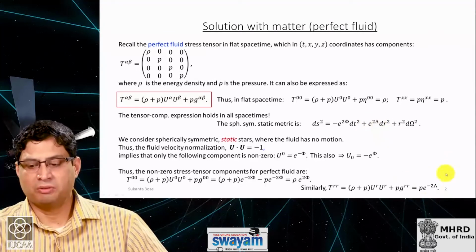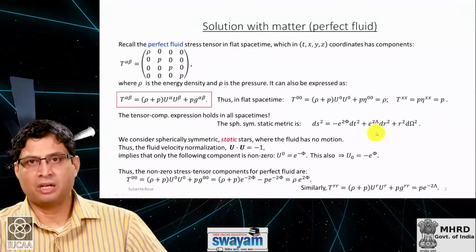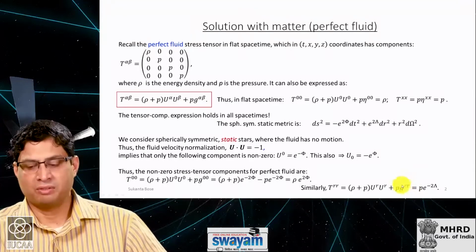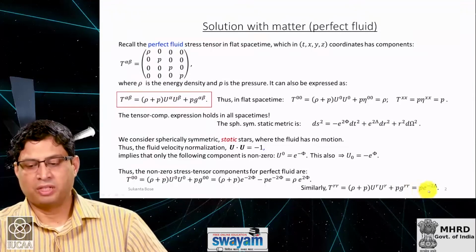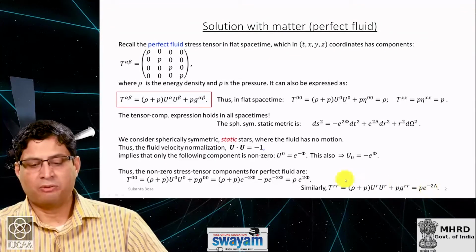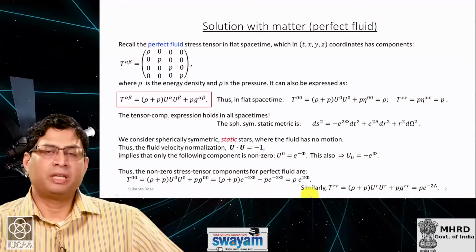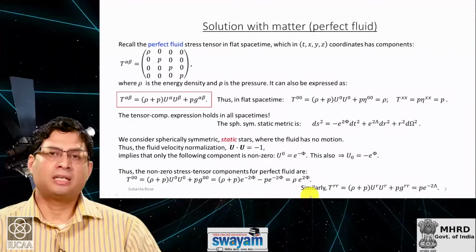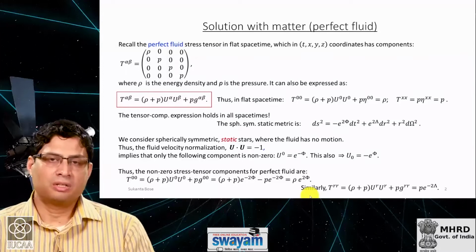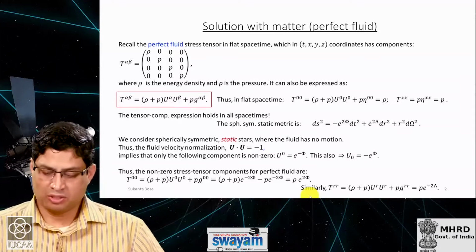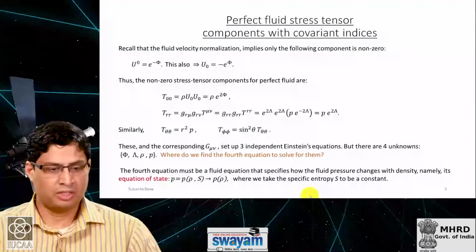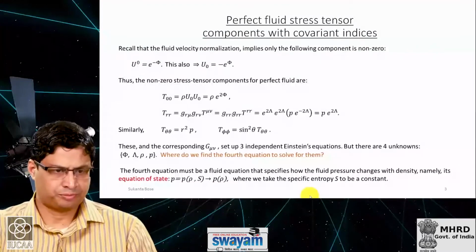So, it will be e to the -2 lambda, and that is because e to the 2 lambda is g_rr with both r subscripts down. Here what we have is the inverse of that, so this will be just p times e to the -2 lambda. Why are we using this? The reason is that these components will be helpful in Einstein's equations to figure out the curvature tensor components. So, that is where we will proceed in a couple of slides.